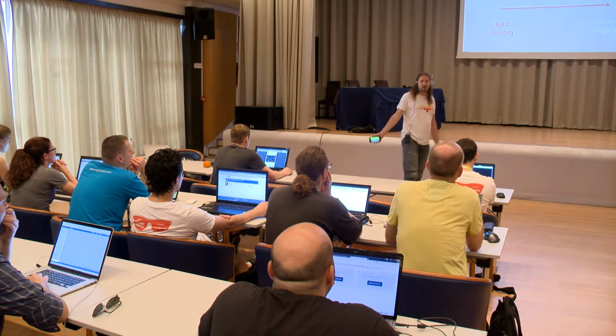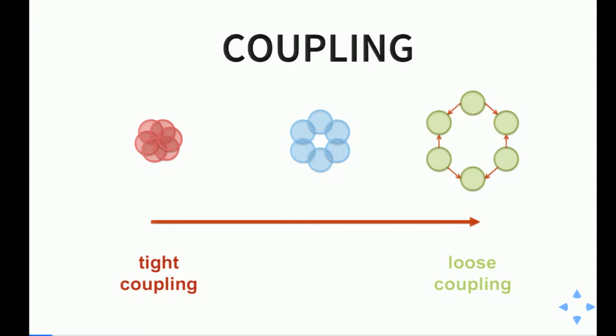It's not that we can avoid coupling. If modules were not coupled to each other, they wouldn't actually accomplish anything. So we don't try to avoid coupling. We try to achieve loose coupling. Tight coupling, you might imagine, is code where all the modules are very close to each other.